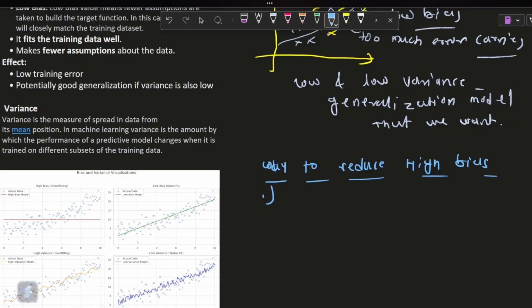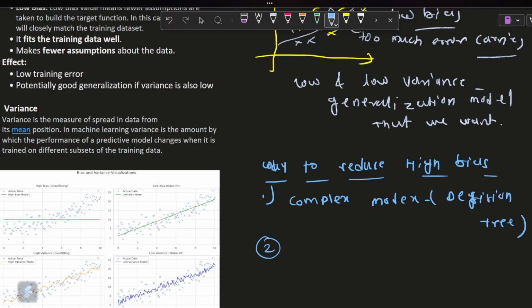So first is a complex model. We need a complex model. An example is the decision tree, where the pattern is more complex, right?